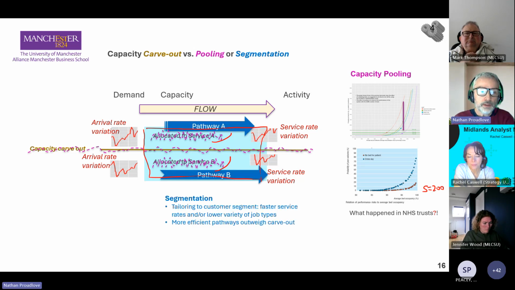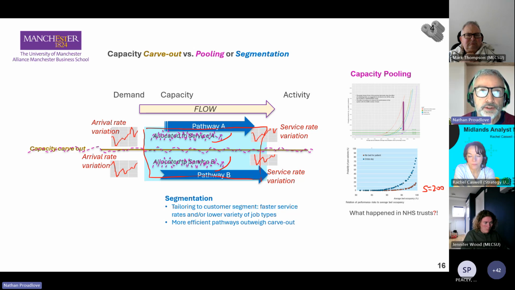This is when you realize there are segments in the patients who need something fundamentally different, and you can design pathways for them to much more efficiently serve those needs than if any old person was serving any old patient. So minors and majors in A&E, for example.